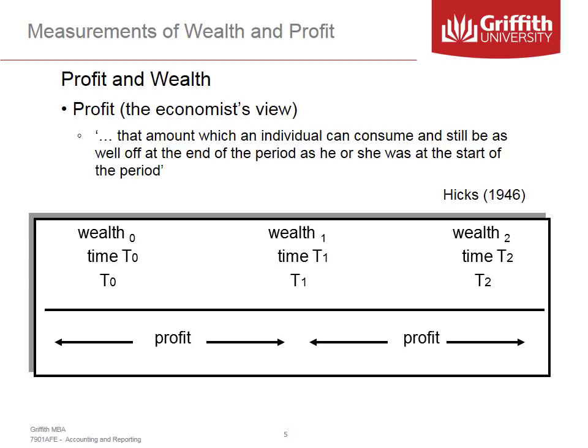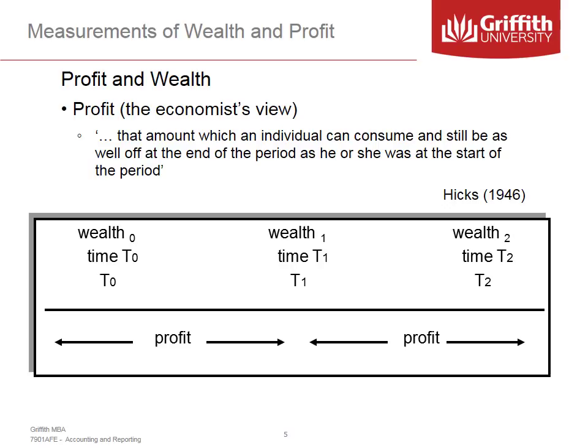We can put in front of ourselves the economist's view of what wealth is, and we'll contrast that with the accountant's view, which we measure. But the economist has got away with words, as we know. The economists would say profit is that amount which we could consume and yet still be as well off at the end of the time period as we were at the start of the period.